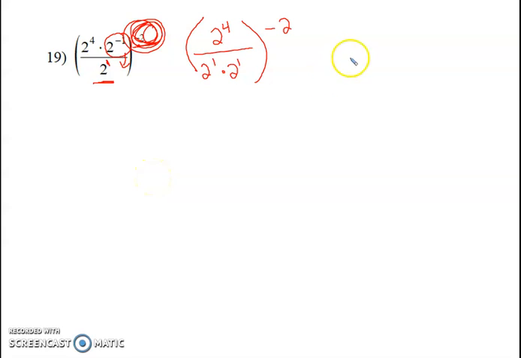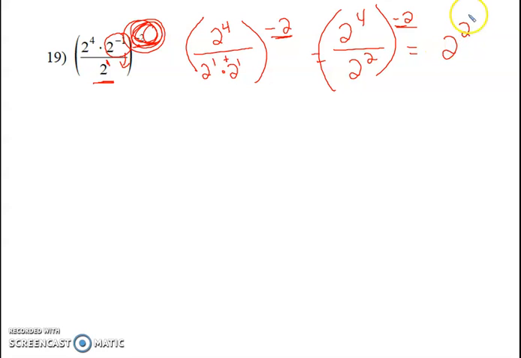Okay? So on the bottom, I have 2 squared. On the top, I have 2 to the 4th. I got that 2 squared by saying 1 plus 1. So let's simplify what I've got. Oh, I almost forgot my -2. 4 minus 2 is 2 squared. And it's on top because 4 is bigger than 2 to the -2.